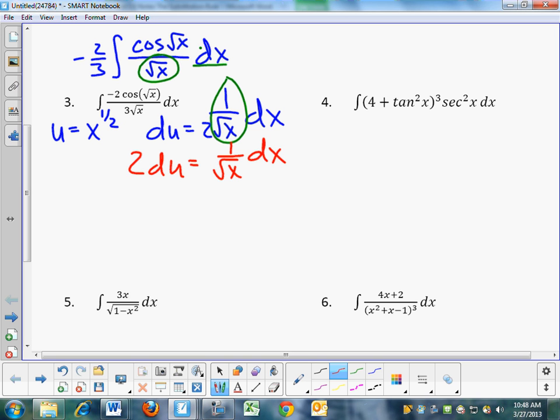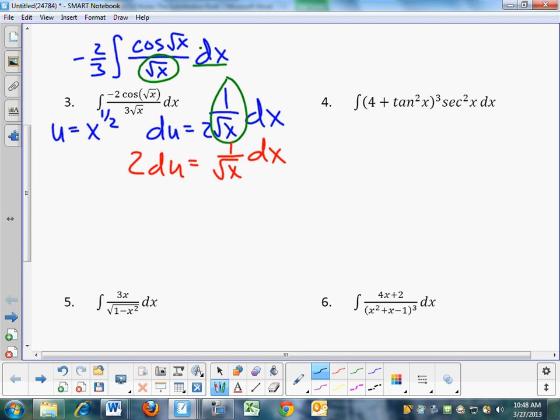So now I have that right there, and I have my dx and my cosine. Instead of square root of x, I will substitute u right in for the square root of x. So I could write my new integral at this point.